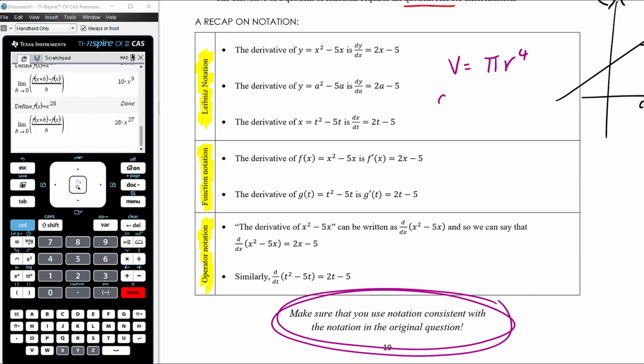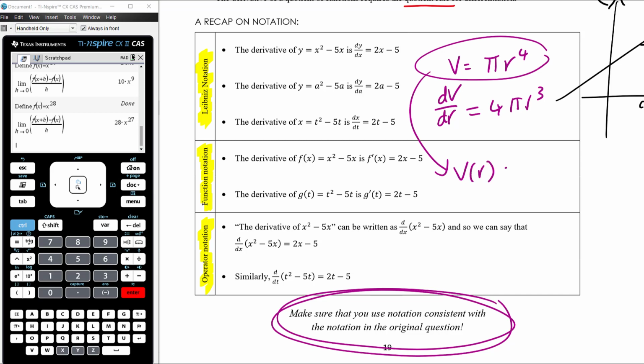Then the derivative would be dv dr equals 4 pi r cubed in that case. This is v in terms of r, it is v of r, so it is technically v dash r. But if it's not given to you in function notation, I would tend to use this instead.